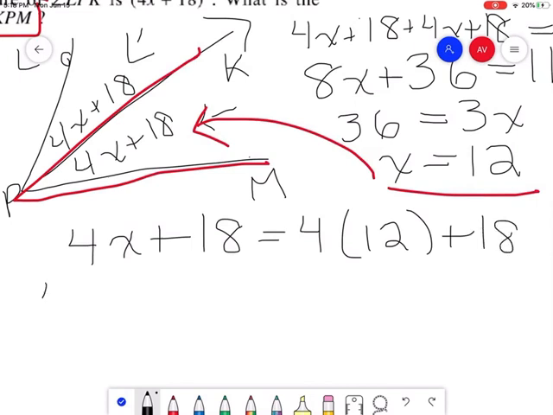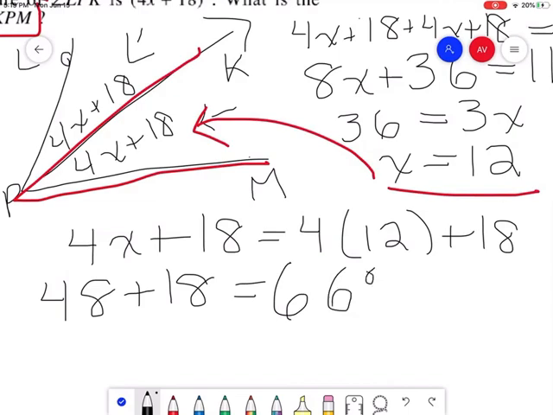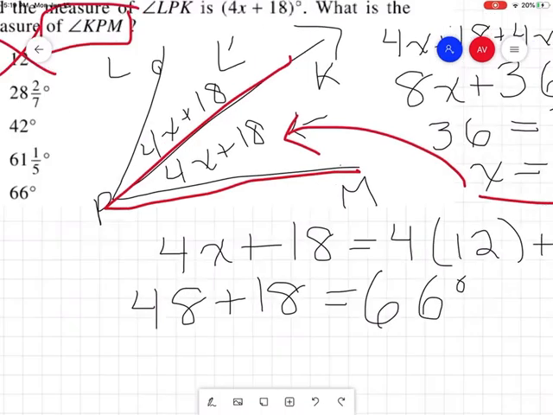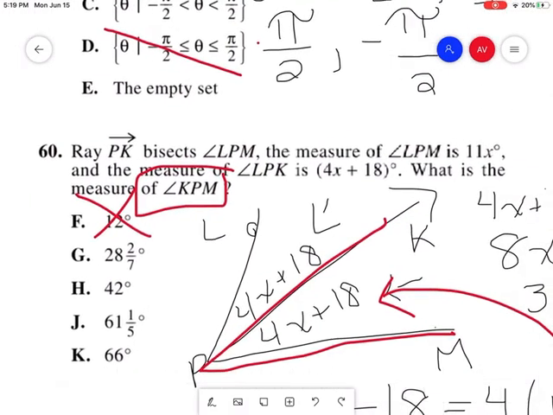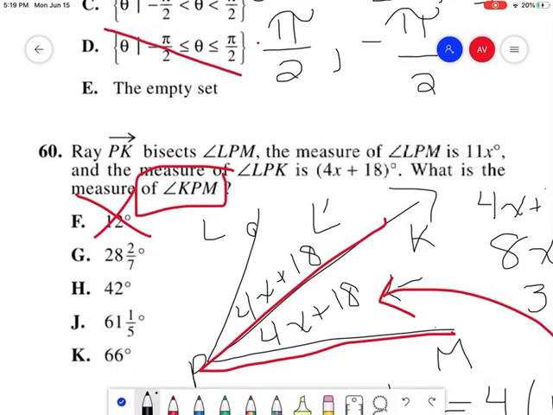That's going to equal 48 plus 18. And if we add that up, 48 plus 18 is going to give us 66 degrees. And if we look over in the answer choices right here, 66 degrees is going to be one of our answers.